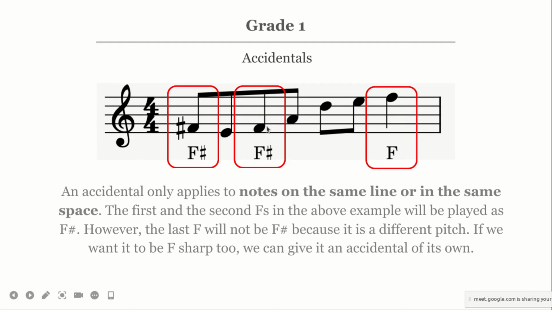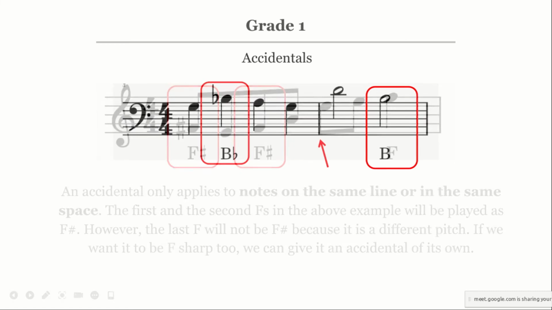The second one that is circled again is another F sharp because it's affected by this first sharp. But the third F, because it's an octave higher, is a different F, it's not the same pitch as the first one, so it's not affected by this accidental. It is F natural, just a normal F. So an accidental only affects a note on the same space, same line, or same pitch.